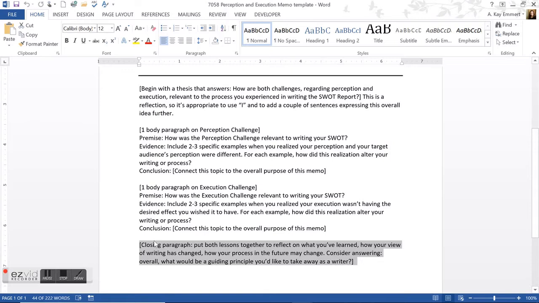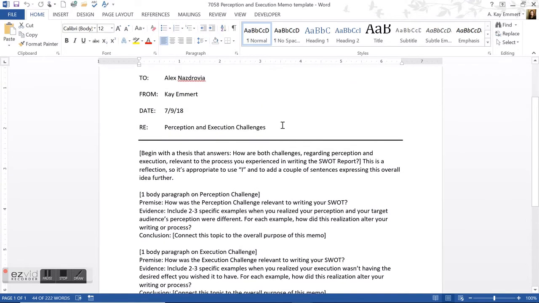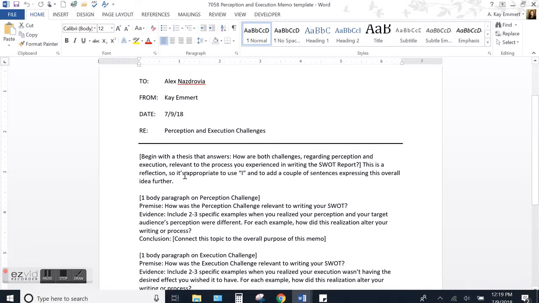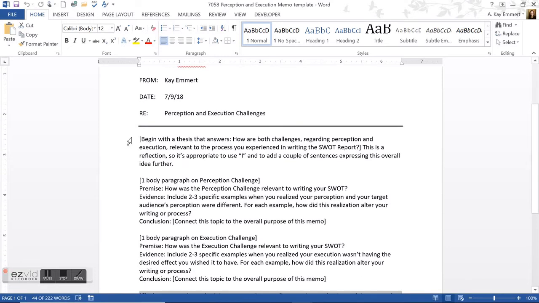And if we have 2 different body paragraphs or more, that probably deserves an opening paragraph. And then to put those concepts together and figure out why they matter together, then you need a closing paragraph. So that's why you'll see that this memo has multiple paragraphs.